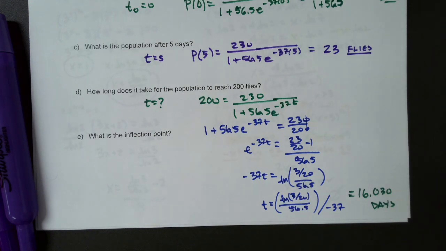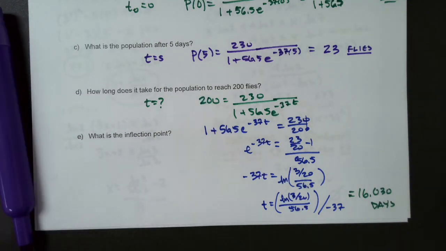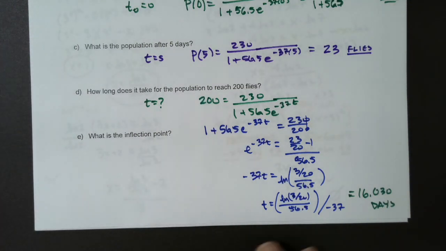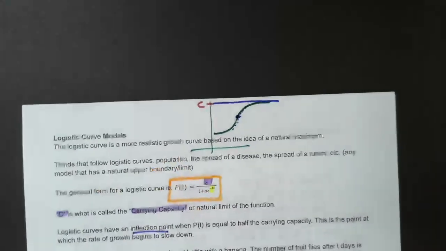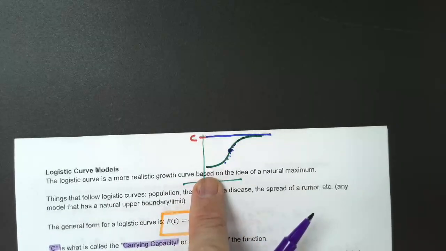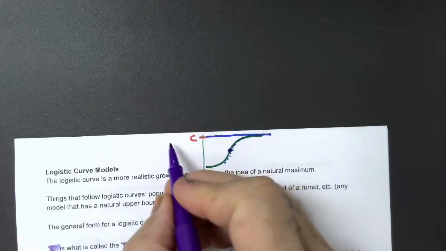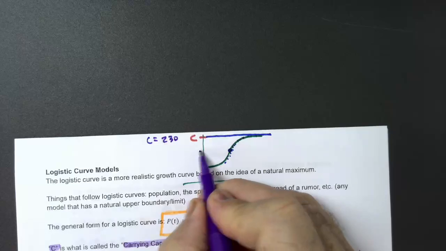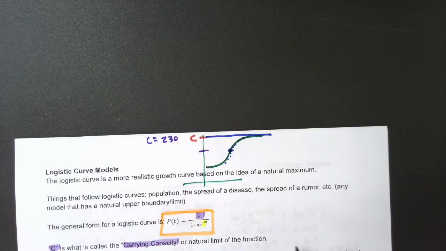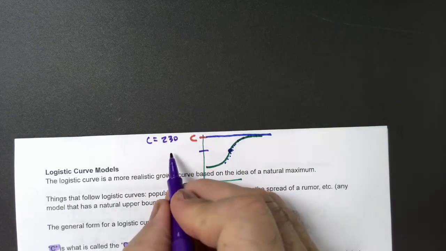Now the next one says, what is the inflection point? Okay. So the inflection point is really, really cool, because if I'm looking at this graph, and in this particular case, our carrying capacity was 230, the inflection point always is going to occur when we reach half of that.